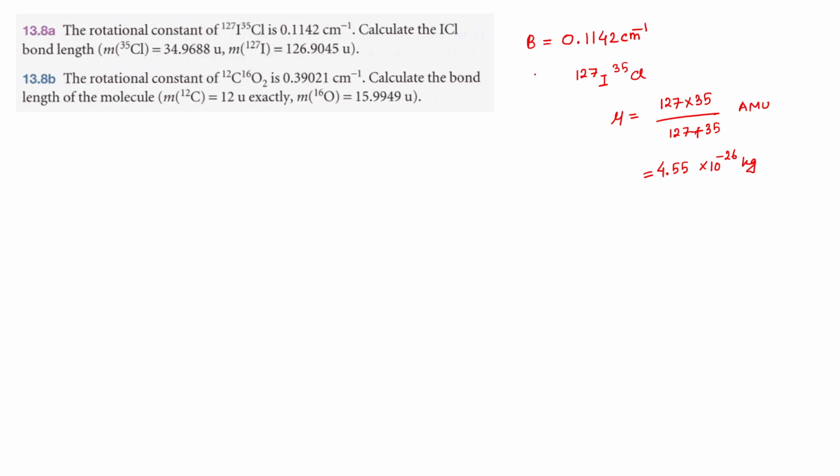So again, I will not go deep. So as you know that your moment of inertia I is mu r square obviously, and also it is h by 8 pi square b into c.